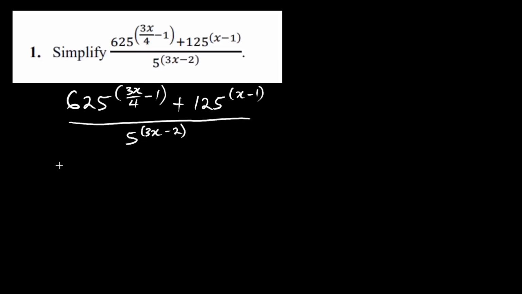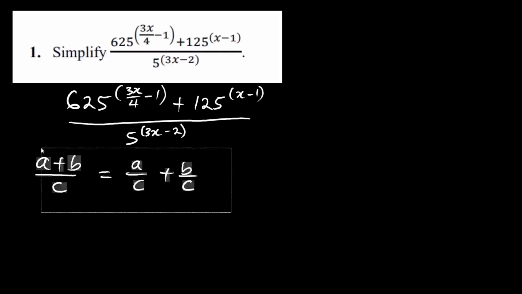A quick reminder of a concept I want to share on like fractions is, if I have a plus b all over c, I can rewrite this to give me a over c plus b over c. We call this like fractions. So that's what we are going to be doing here, okay?